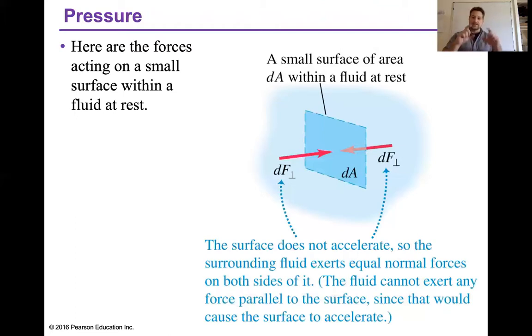Let's talk about this square of fluid, a small surface area within. Imagine that it's a piece of plastic that is exactly as dense as water. So you can set it in the water and it'll float at whatever depth you put it, and it'll just stay there.